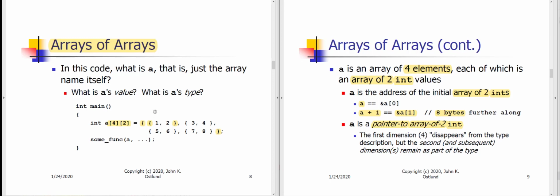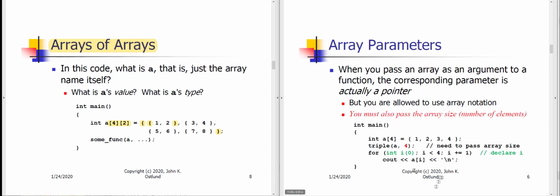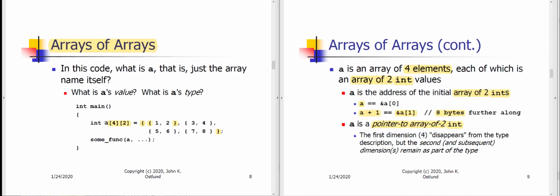That's very different from the A that we had previously, back on slide 6, where this A was an array of 4 ints. An array of 4 arrays of 2 ints is a very different beast from an array of 4 ints. And A itself we can think of as being a pointer to an array of 2 ints. Here are implementations of this sumfunc function that is receiving A as an argument.